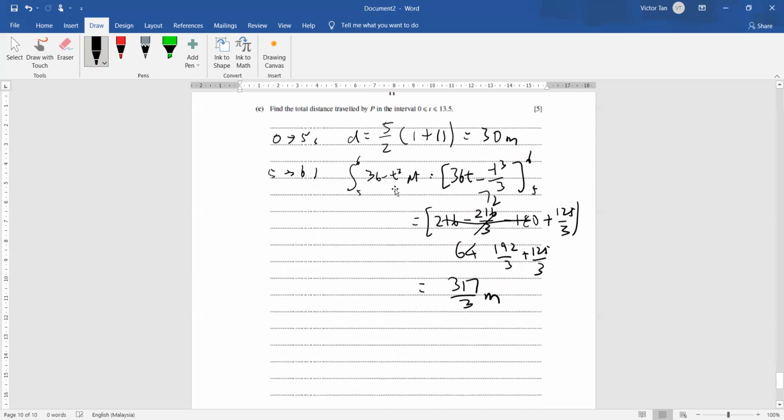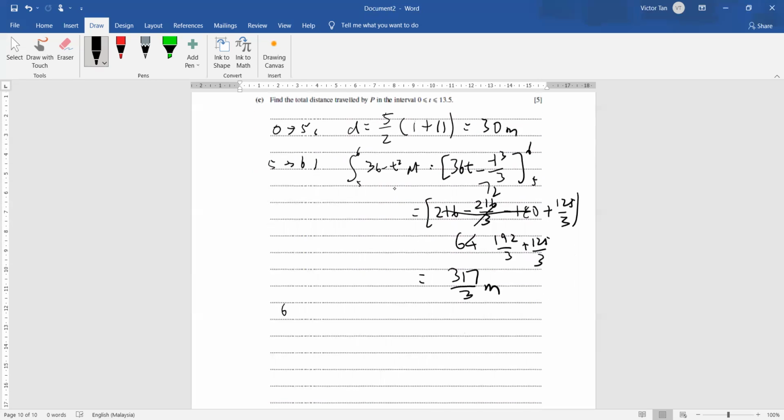Third part, from 6 to 7 seconds. Now if you integrate 6 to 7, you're going to get a negative value. So I'm going to integrate from 7 to 6 to make it a positive value. So this will still be the same, 36t minus t cubed over 3.